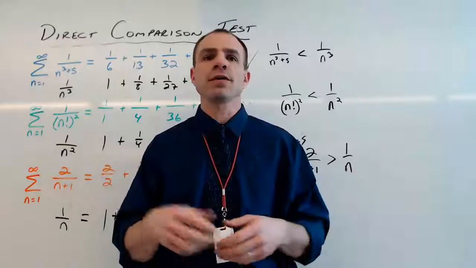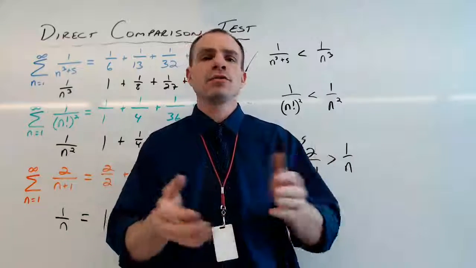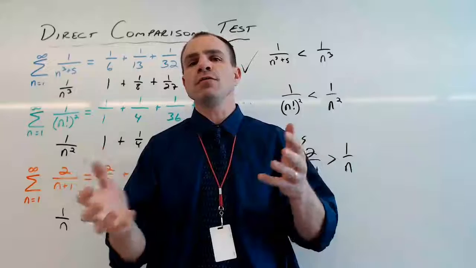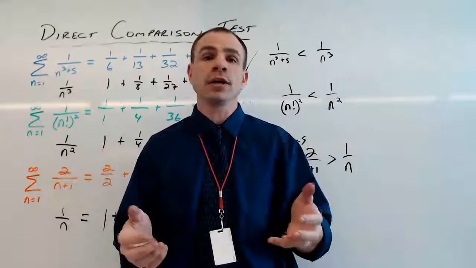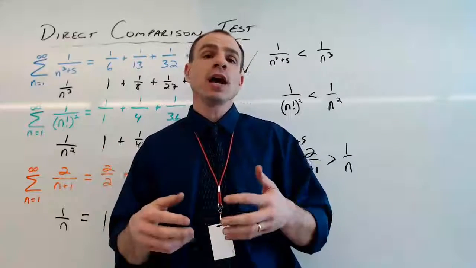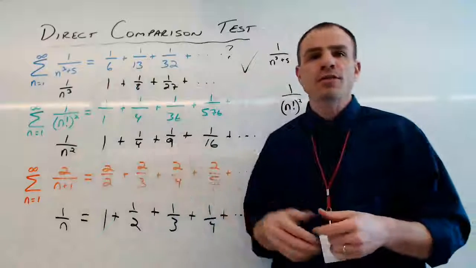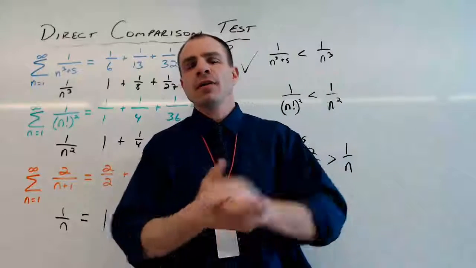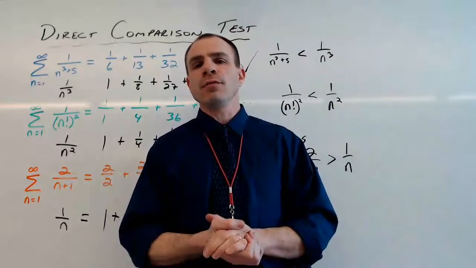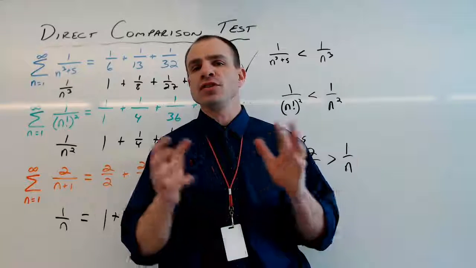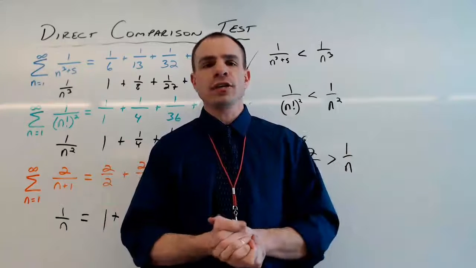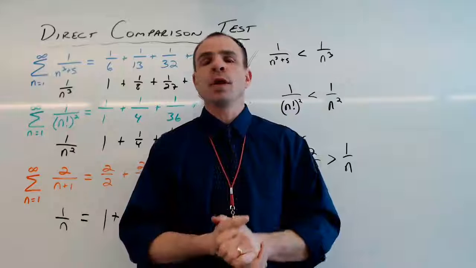If b sub n converges, a sub n converges, so on and so forth, depending on the inequality. So you want to be prepared not only to use the direct comparison test, but also to have the verbiage of the theorem down so that when you see the symbology in the question, should it appear, you're ready to go.